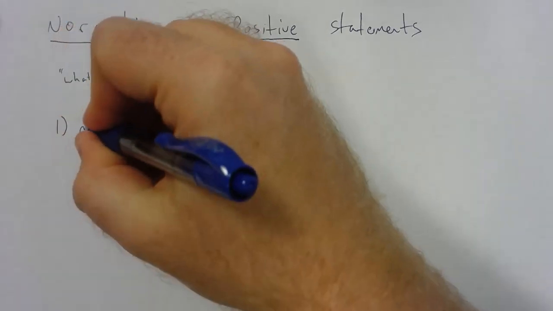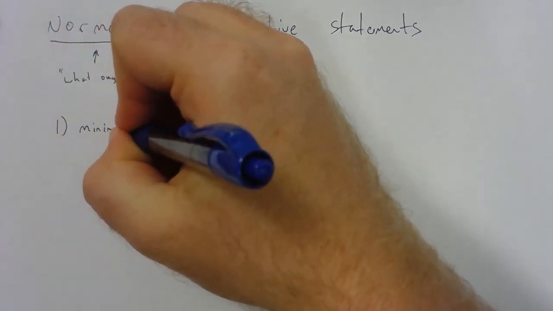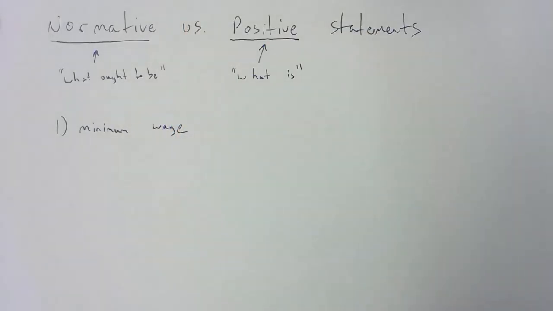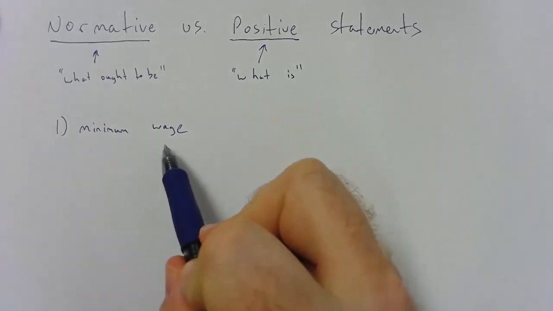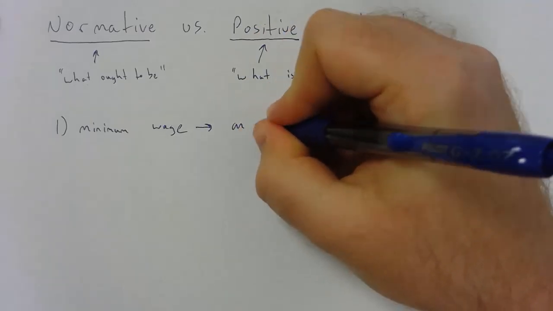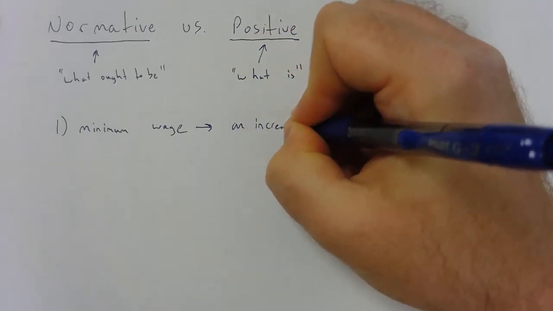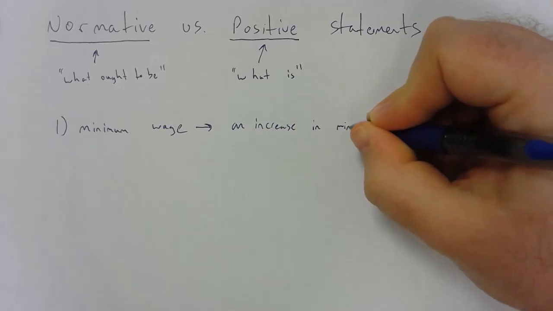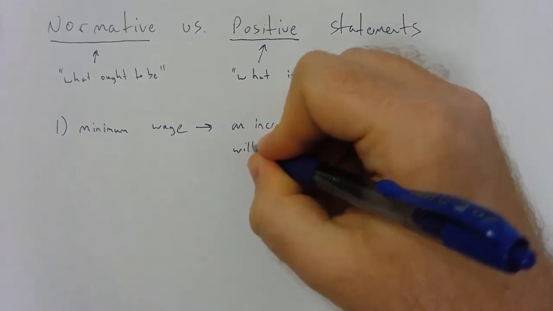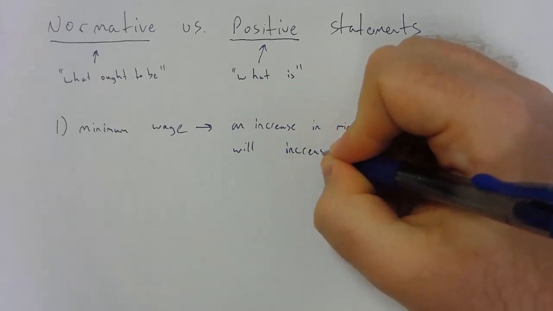First, let's consider minimum wage. And let's consider two statements, one that will be positive and one that will be normative. So if we consider minimum wage and we say something like an increase in minimum wage will increase unemployment.